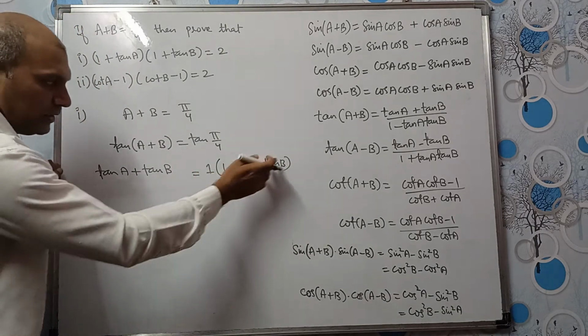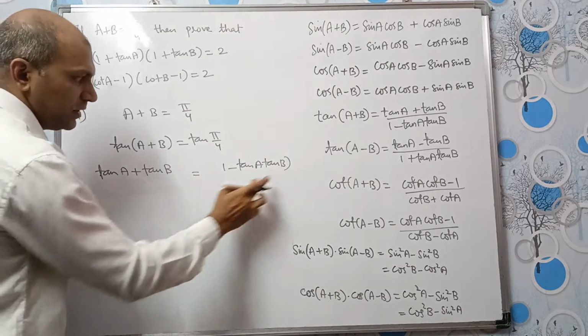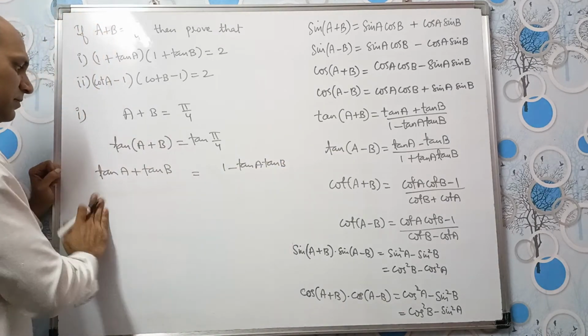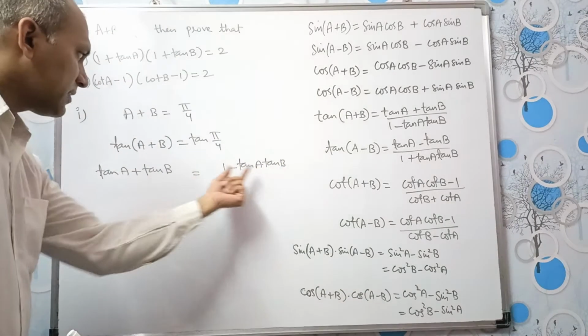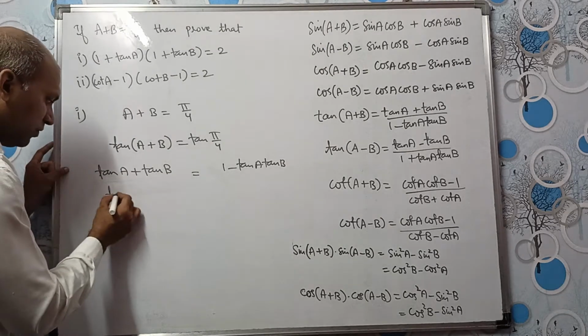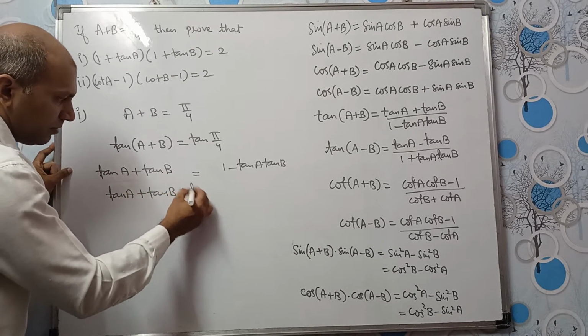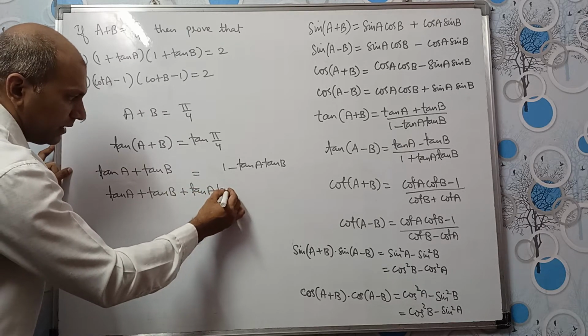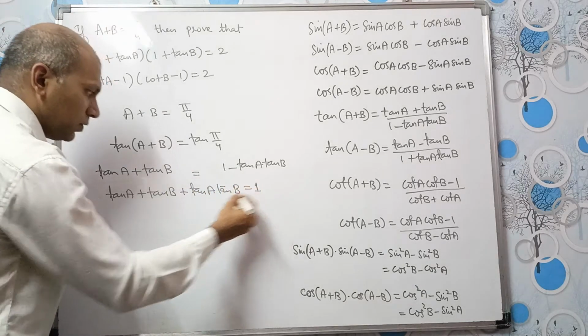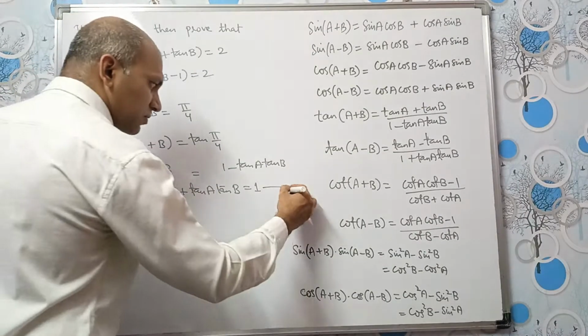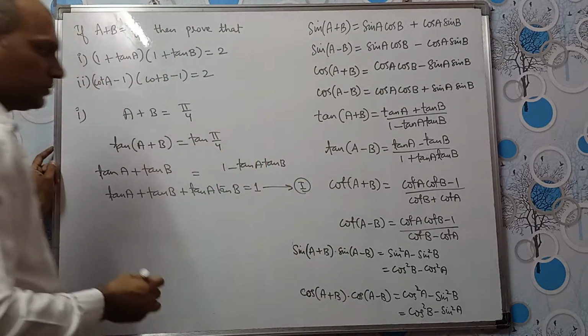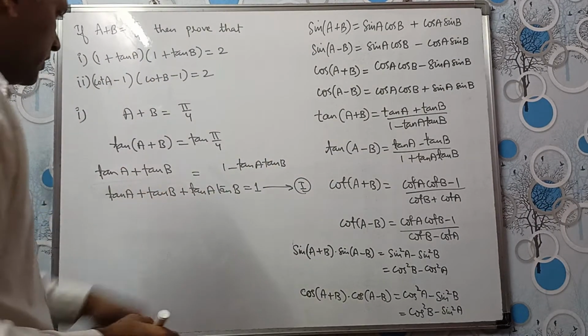So 1 into this is equal to the same term, 1 minus tan a tan b. If we send this tan a and tan b this side, what do we have? We have tan a plus tan b plus tan a tan b is equal to 1. Let this be equation 1. Alright, we'll use this equation now.